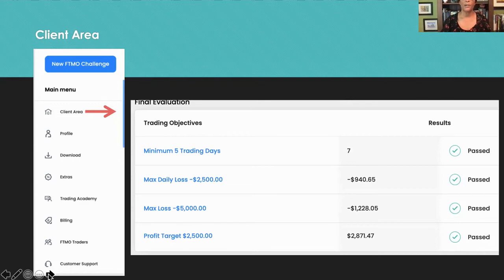So it has your minimum number of trading days, which some people trade for 1 day, 2 days, and they pass. But you have up to 14 on a free trial, and you have up to 30 days on an actual paid challenge account. It will tell you what your max loss is so that you can stay underneath that max loss.